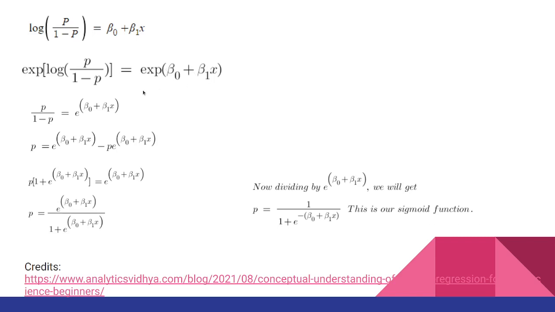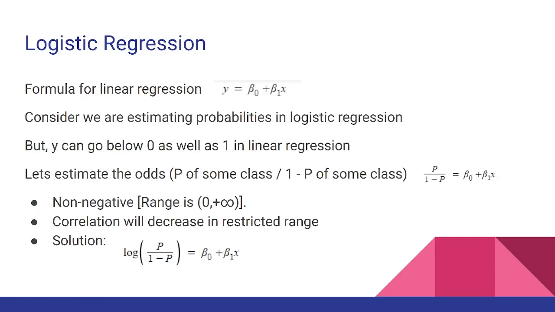Sir, why do we take the log of the odds of P? Okay, so the value p divided by 1 minus p cannot go below 0, right? Because this is also a probability and this is also a probability. Both are positive, so if we divide, the result will also be positive. Yes, sir. So it will not go below 0, but that means we are putting a restriction that the output cannot go below 0.